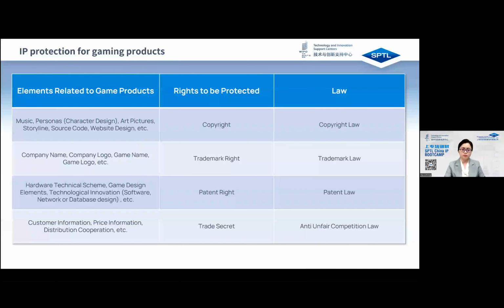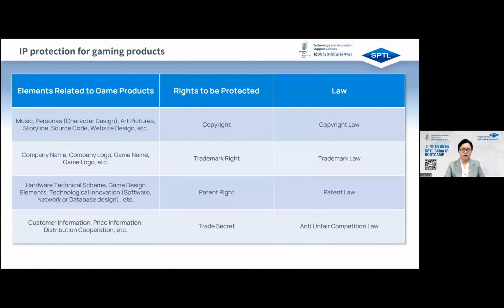Due to the complexity of game products, so far, game products cannot be protected all around by only one law. Therefore, when protecting game products via IP methods, it is necessary to cooperate with copyright law, patent law, trademark law, and anti-unfair competition law to protect games from different angles.